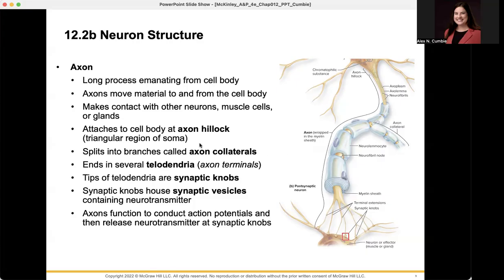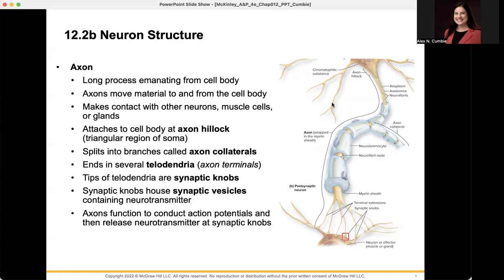There are a few different parts to the axon. At the top of the axon, right next to the body, we have the axon hillock. That area is going to receive all kinds of different electrical signals that are being processed by the cell body, and they all come together here at the axon hillock in a process called summation, which we'll get to.